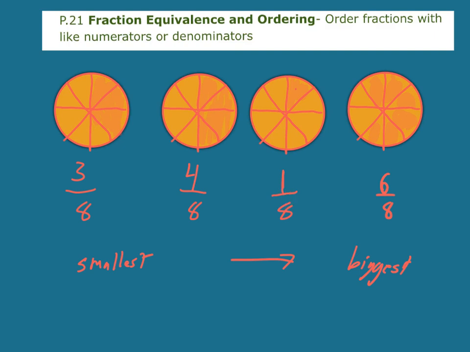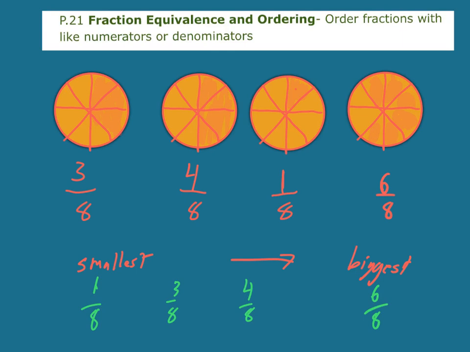1/8 is the smallest. So now the smallest amount is just the smaller numerator. This one's a little bit easier. The biggest amount would be 6/8, and in between there, you would have 3/8 and 4/8.